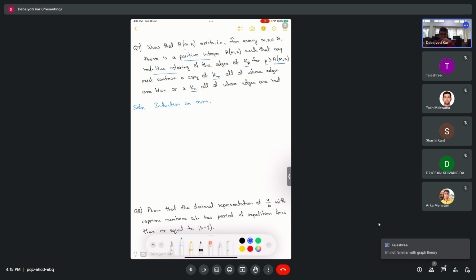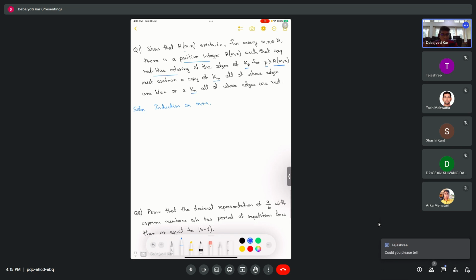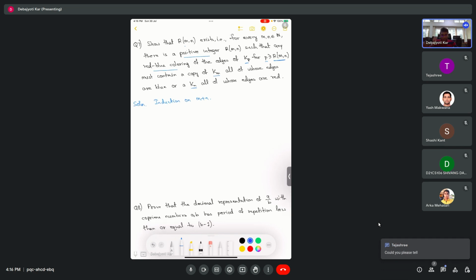Okay, so do you know the definition of a graph? Like what is a graph? So a graph is basically a set of vertices and a set of edges, right? So you don't need to know much about graph theory for this. You just need to know what Km is. Km is the complete graph on M vertices.